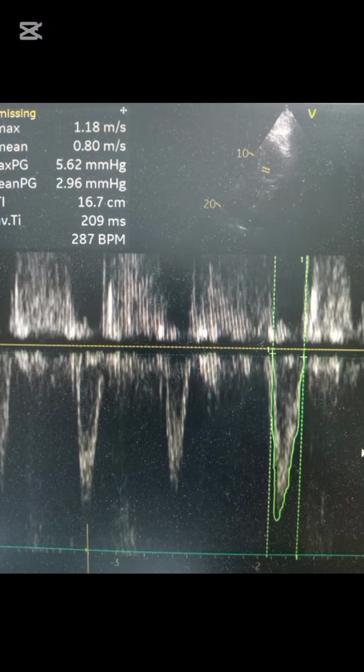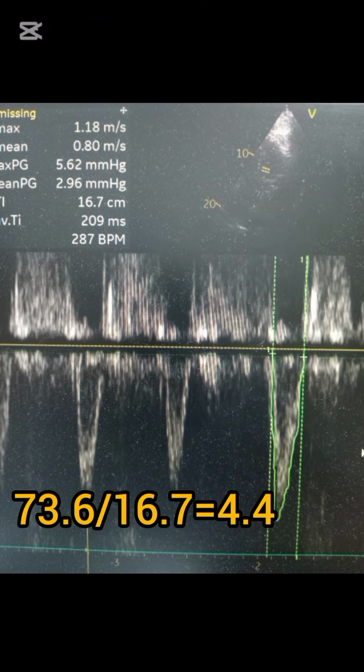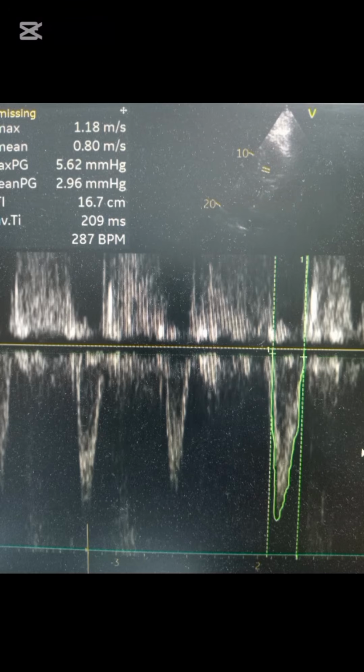So the prosthetic VTI 73.6 divided by the LVOT VTI 16.7 gives a DVI of 4.4. Normal DVI is less than 2.2, and above 2.5 is abnormal. So this 4.4 is also a significant stenosis of the prosthetic valve.